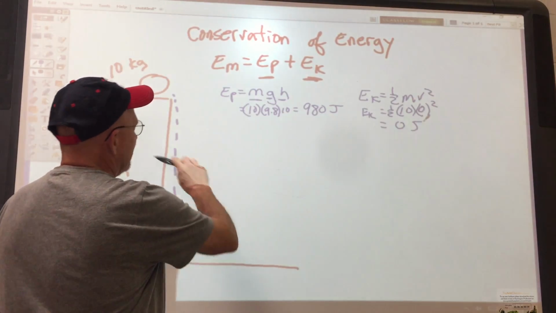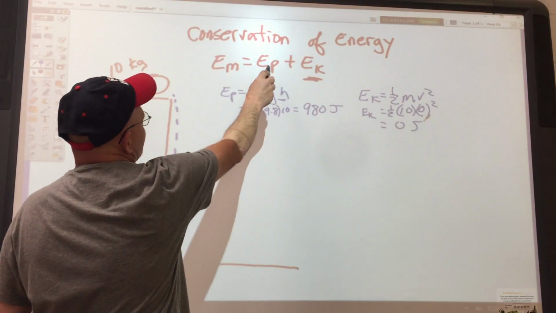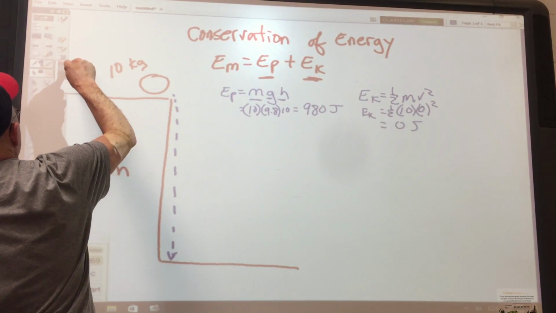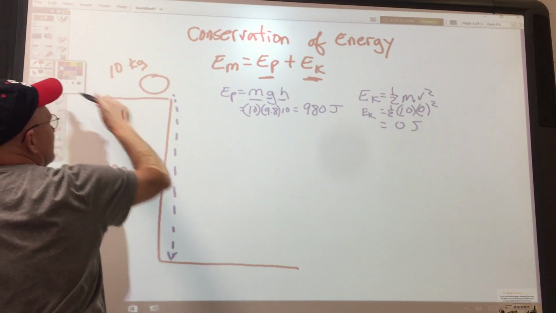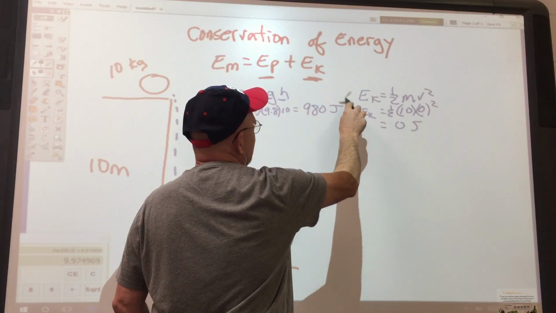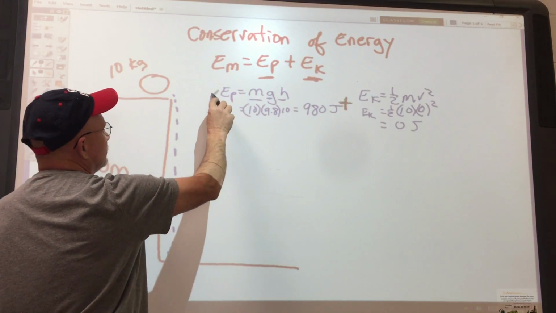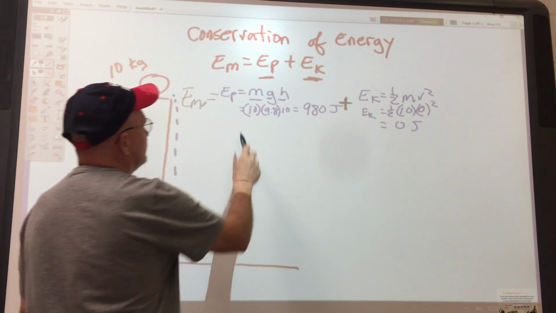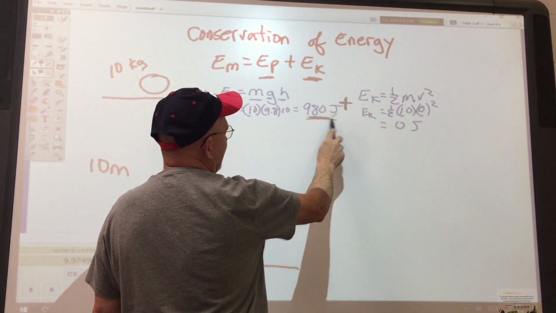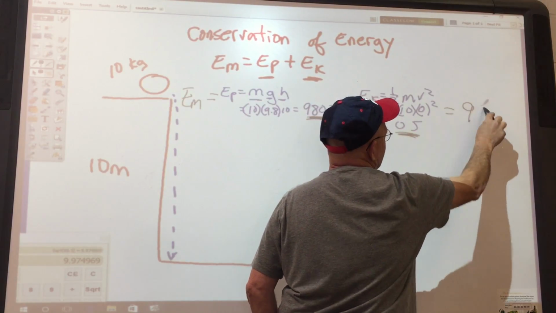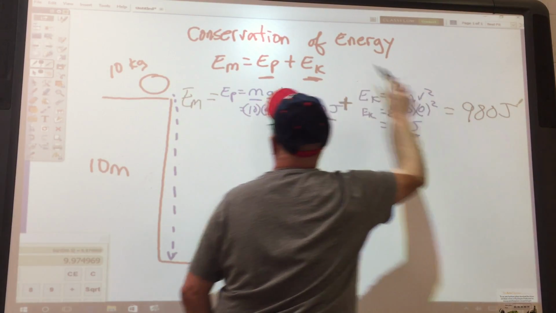So that pretty much simplifies that, but what this formula tells me is that the mechanical energy is equal to the total of those two put together. So the mechanical energy is equal to both of those. So really I have 980 plus 0 equals 980 joules of mechanical energy.